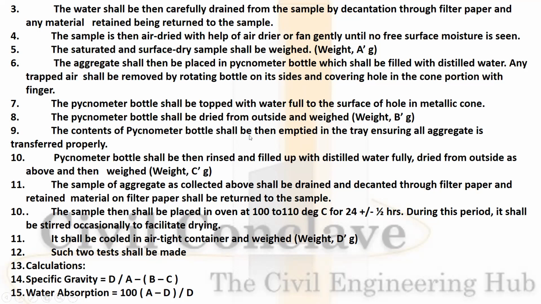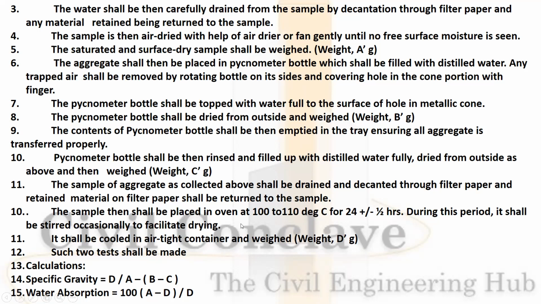The content of the pycnometer then shall be emptied into the tray, ensuring all aggregates have been transferred. The pycnometer bottle shall be refilled fully with distilled water and weighed, which is known as C.